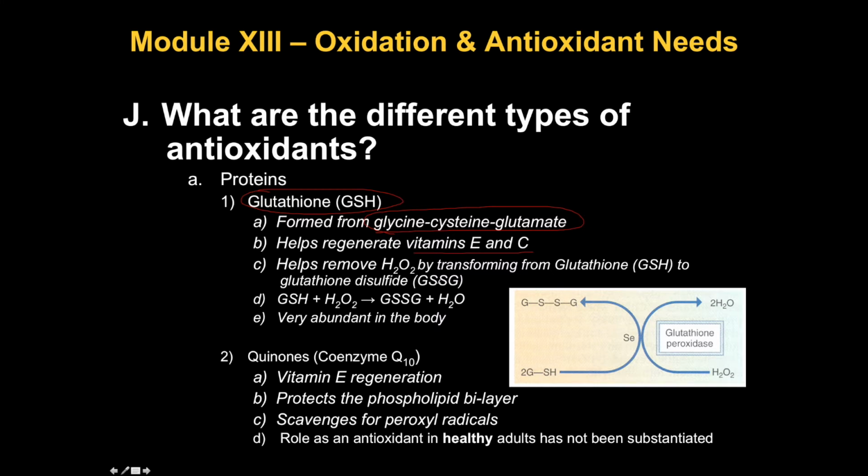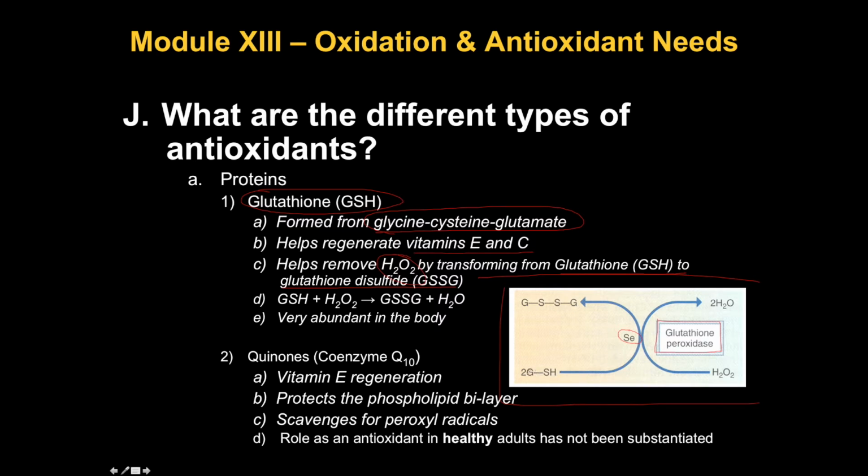So you're removing the H2O2 by transforming glutathione into glutathione disulfide, or GSSG. And this is actually a reaction, if you look at this little picture here on the right-hand side of your screen, that requires the mineral selenium. There's also an enzyme here, glutathione peroxidase, that facilitates this reaction.